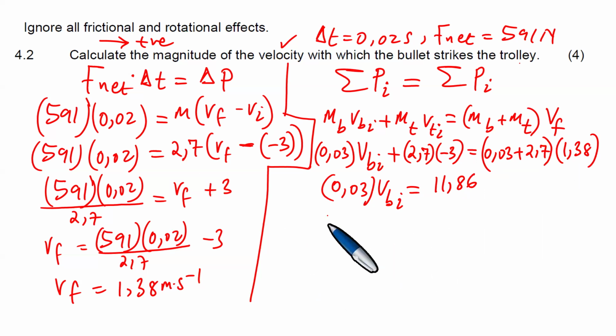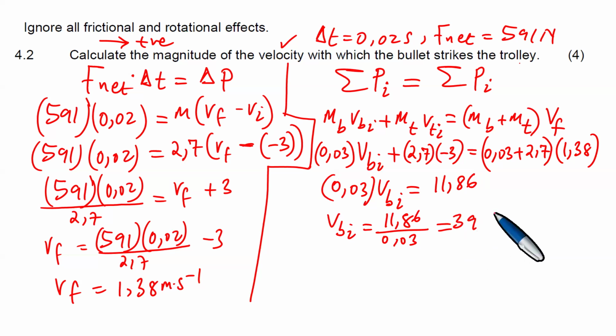We perform division to find the initial velocity of the bullet, which is 11.86 divided by 0.03, and therefore the answer is 395.58 meters per second. Because the examiner asked for the magnitude of the velocity with which the bullet strikes the trolley, we are sure that we have got the answer, and it has been written as given there.